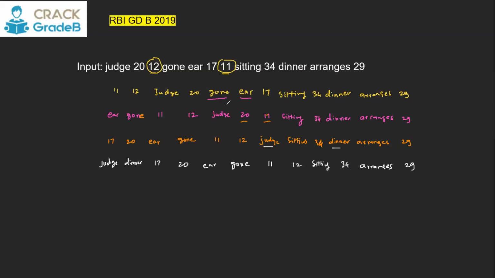Then it is the turn of the numbers. So the numbers are 29 and 34. So 29, 34 appear here. Judge, dinner, 17, 20, year, gone, 11, 12, sitting, and arranges. And now the arranges and sitting will go in front.